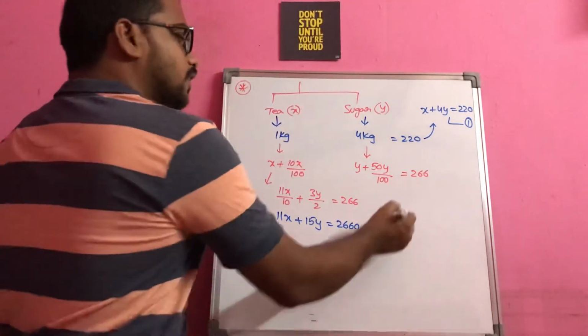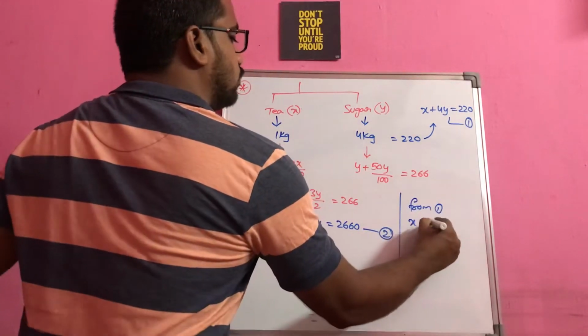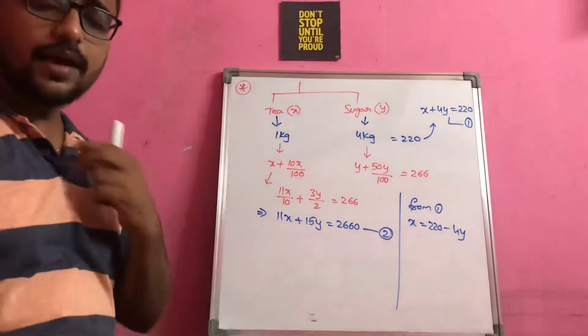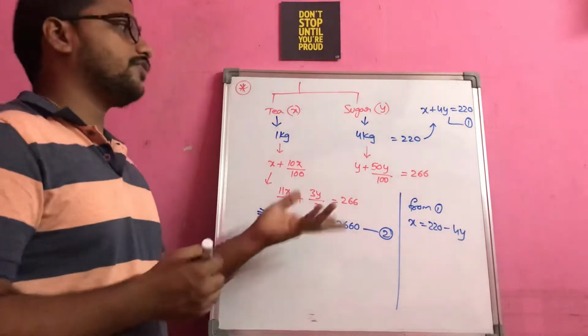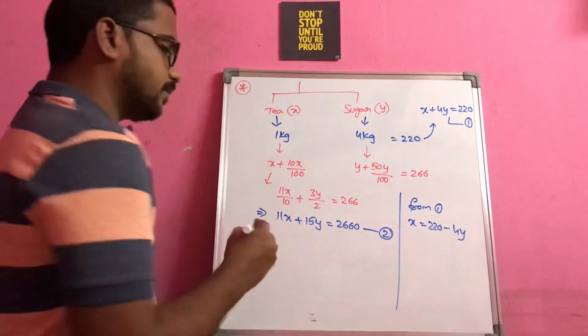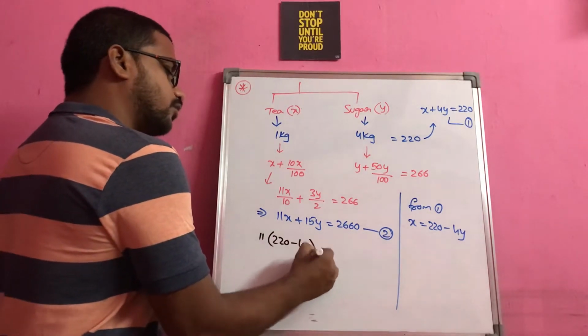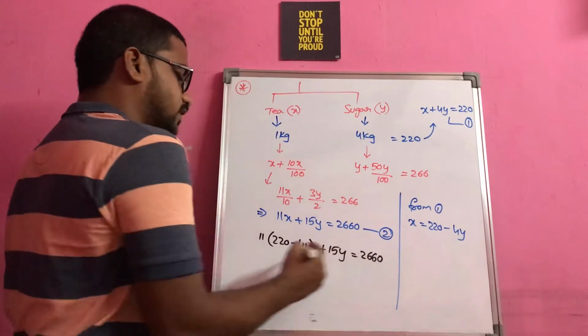Instead of that, from the first equation, if I get the value of x equal to 220 minus 4y, I will substitute that. Anyway, you have to do the same thing only, but I will prefer the substitution method here. So this is 11 times 220 minus 4y plus 15y is equal to 2660.